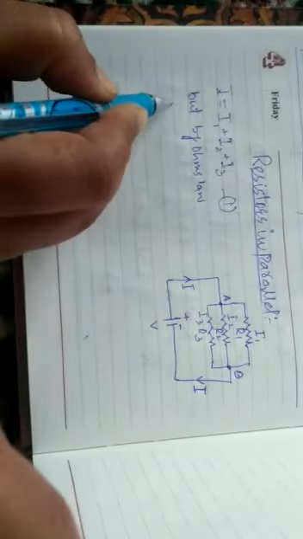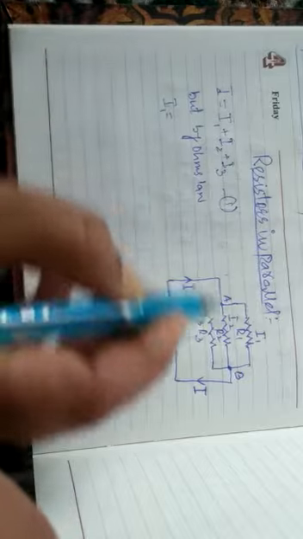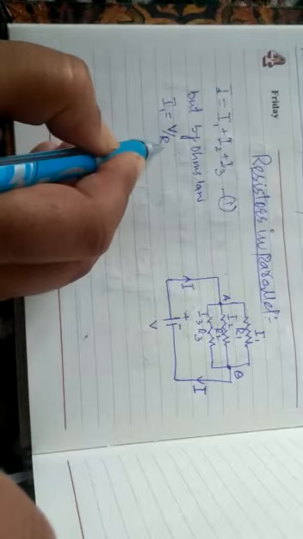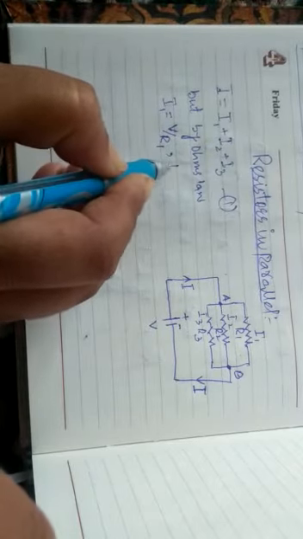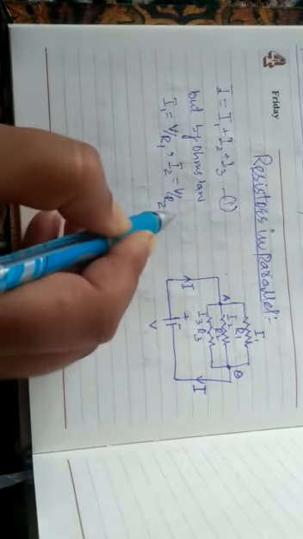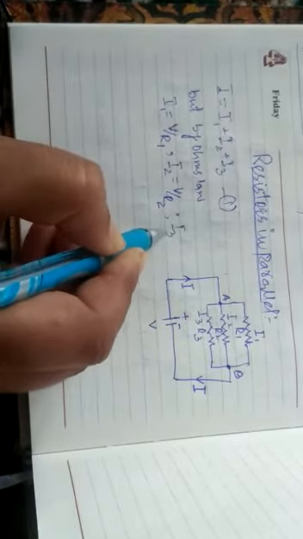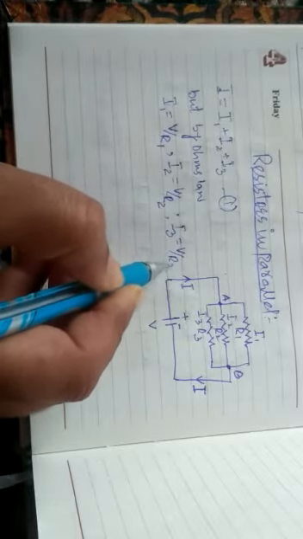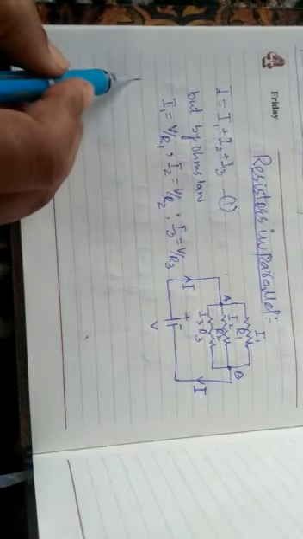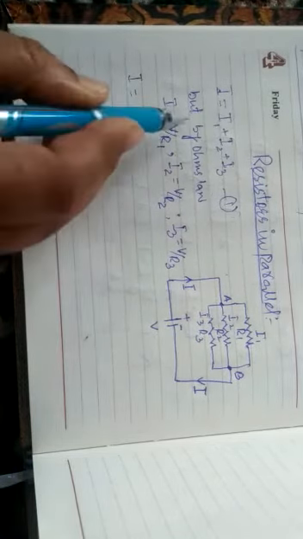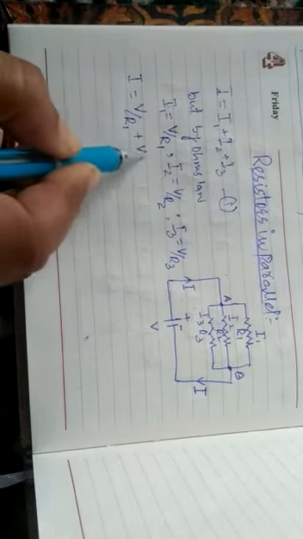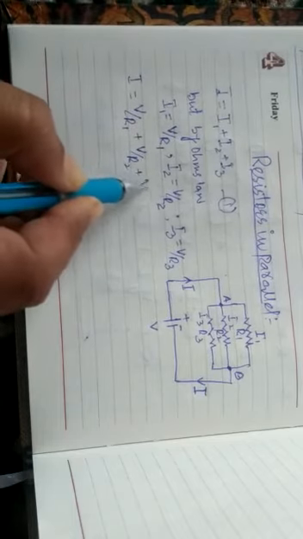By Ohm's law, we can have I1, the current in this very resistor: I1 equals V by R1, I2 equals V by R2, and I3 equals V by R3. Now using these values, we will get I equals V by R1 plus V by R2 plus V by R3.